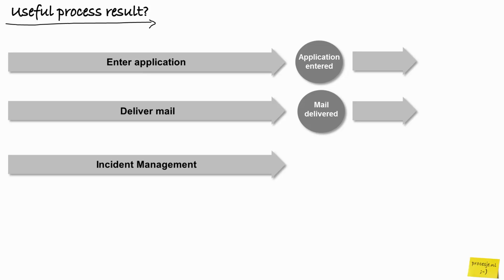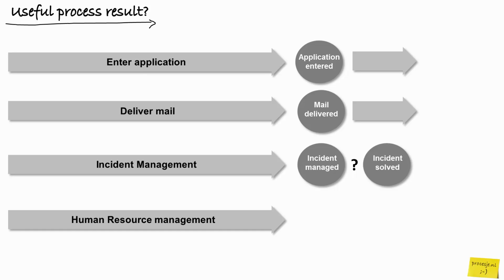Incident management, often heard as a process. I think it's weird, because what does a managed incident mean? It doesn't mean anything to me. I think it should be about solving, so I would call this solving incidents. And then sometimes I see human resource management, which to me is not a process.